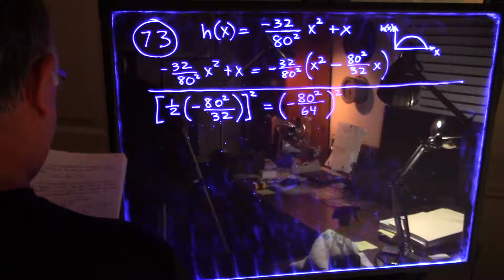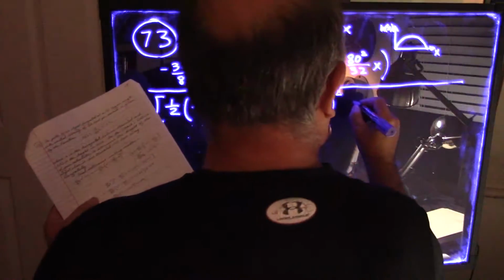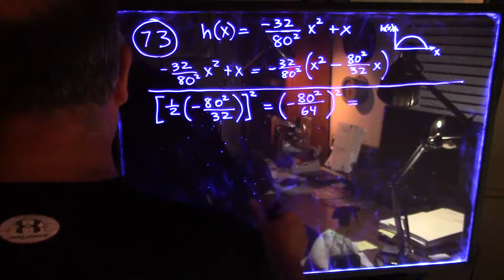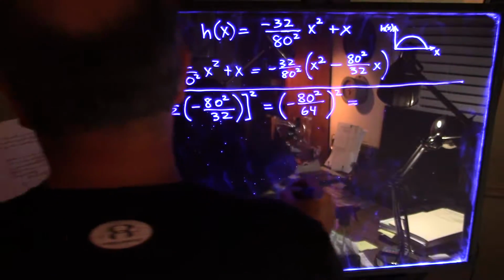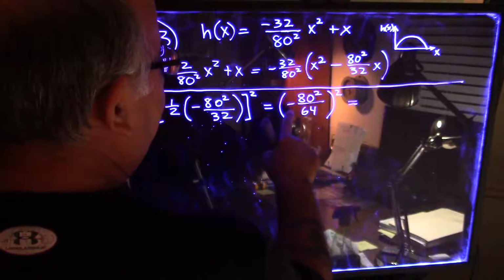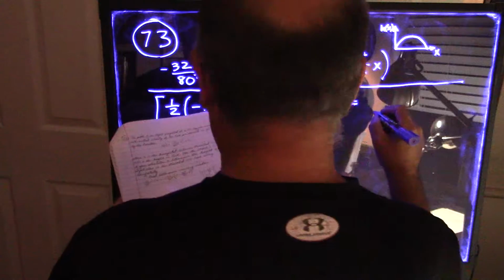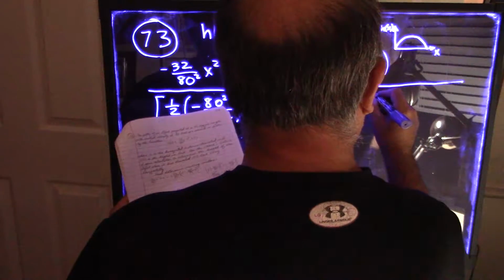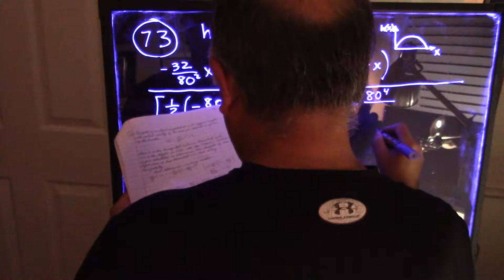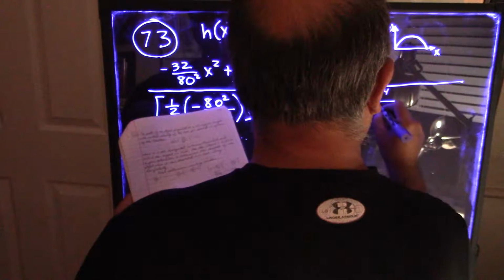80 squared squared is 80 to the 4th, and 64 squared is 4096, and when you square a negative you get a positive. So you get 80 to the 4th over 4096.